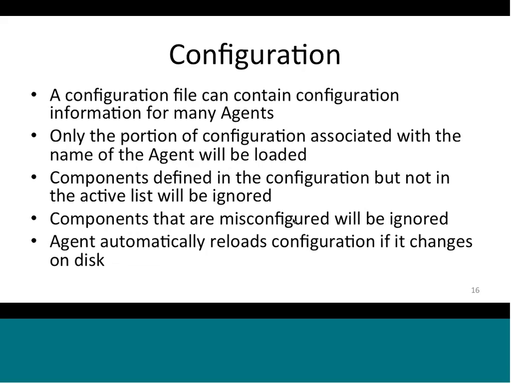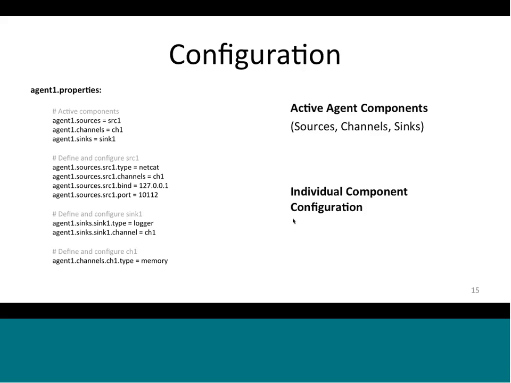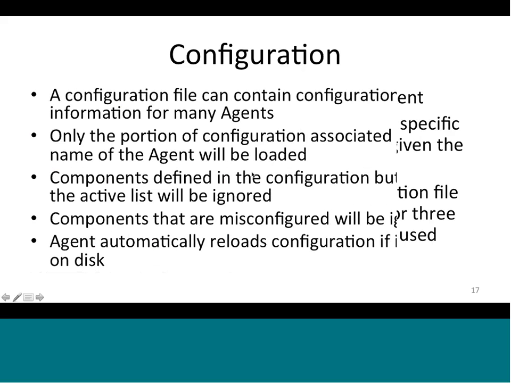Configuration. A configuration file can contain configuration information for many agents. So the same file can have information for many agents. Just keep in mind that if the agent who's running is proclaiming to be agent 1, then only he will read his set of configuration entries, and he will not read the configuration entries for the other agents.